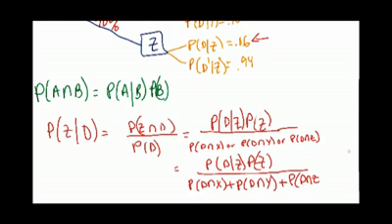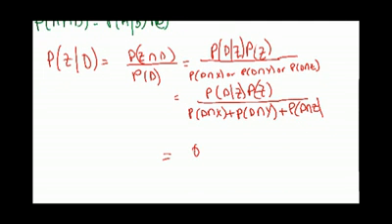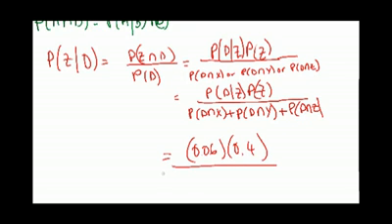Alright, and if you do that and plug in the numbers, you should get 0.06 times 0.4 over 0.24 plus the other terms.